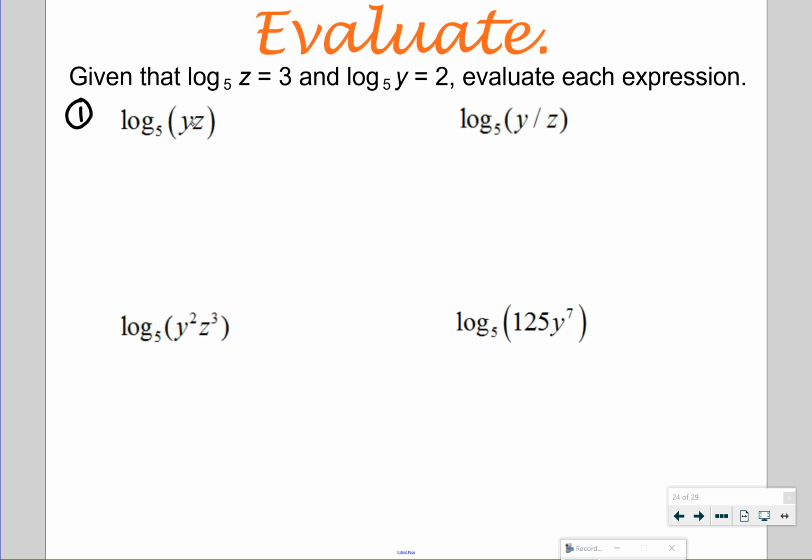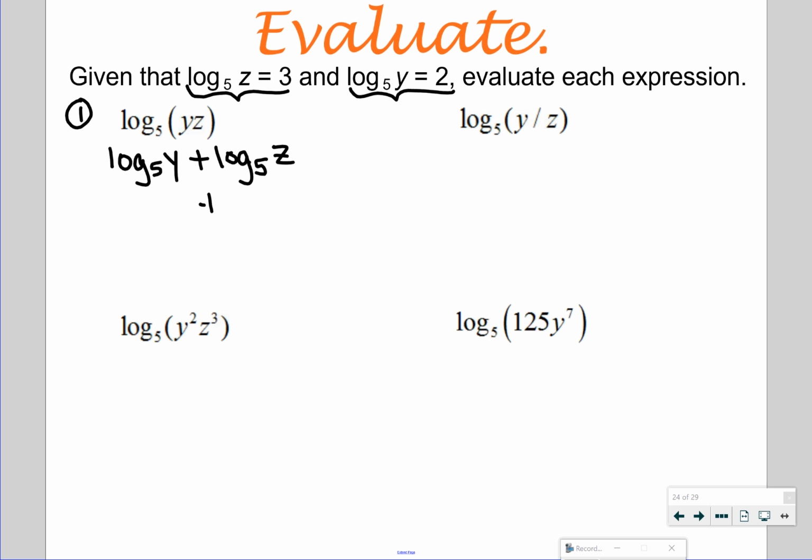So here I have y times z. So I'm going to change it to addition using my log properties. Okay, now is where the evaluating piece comes in handy. If I've expanded completely, I should be able to do some substitution based on my given pieces of information. I'm given in this problem that log base 5 of z is equal to 3.